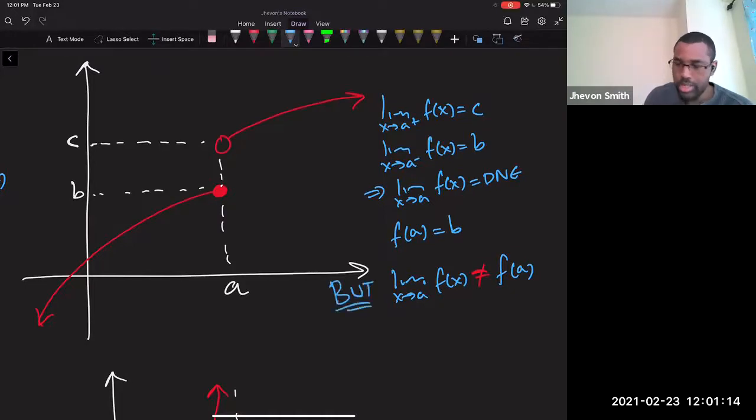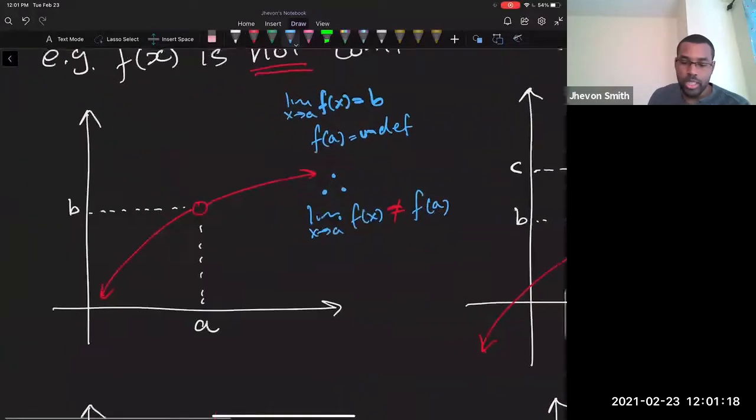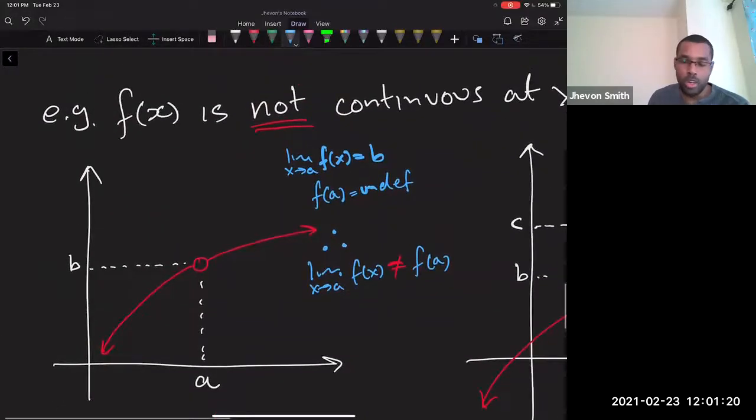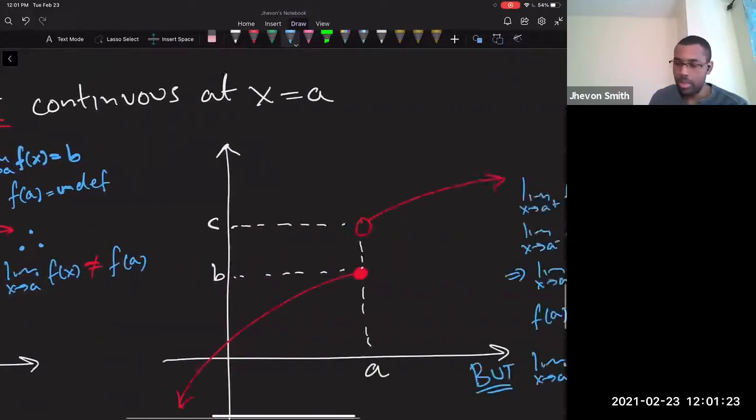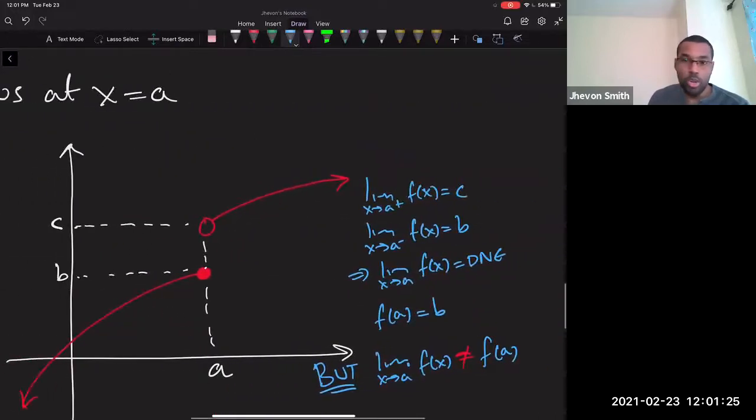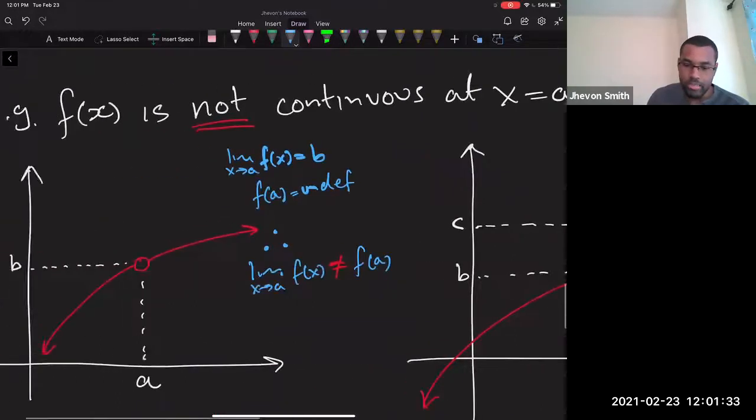But you'll notice that that equation does not hold again. In the first case, it didn't hold because my function wasn't defined. The right side messed up. In this case, it doesn't hold because the left side messed up. The limit doesn't actually exist. The right side is a number. It's the number b. The left side isn't anything, does not exist, right?